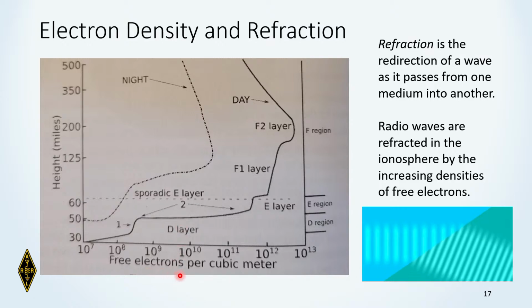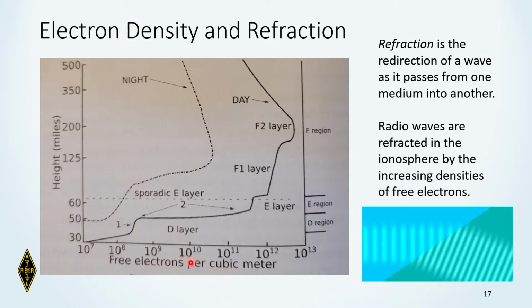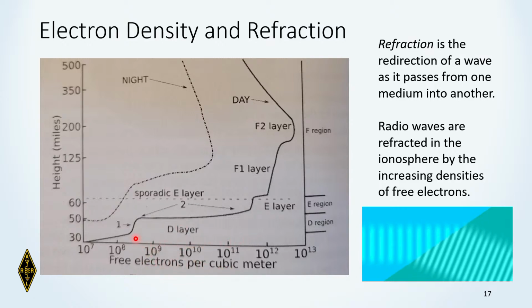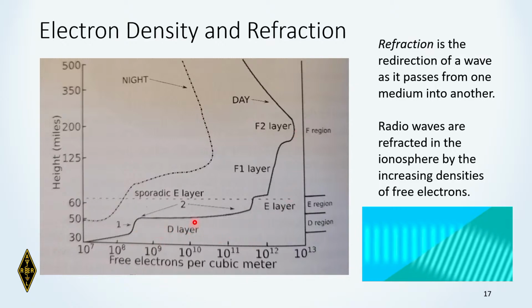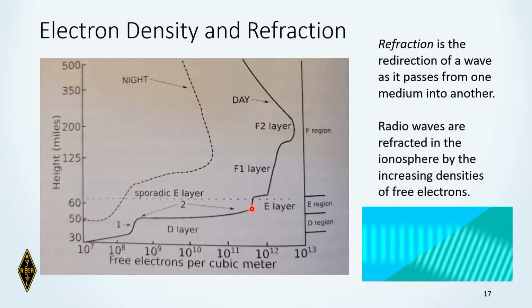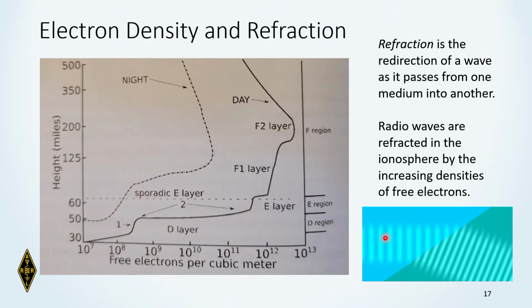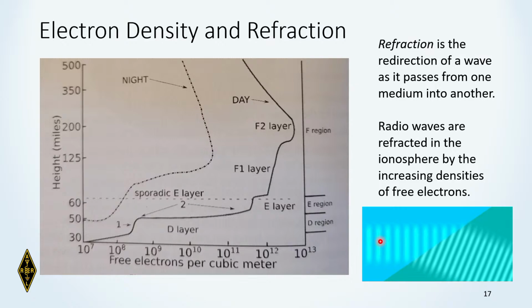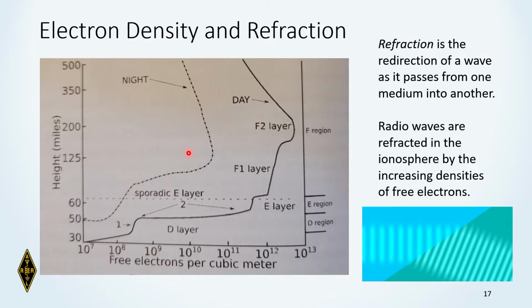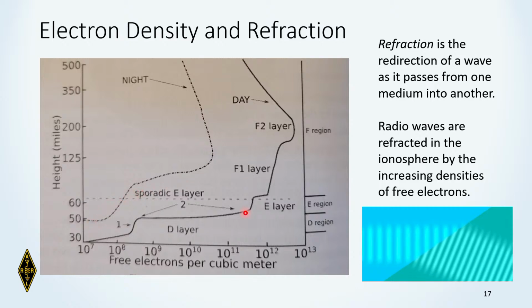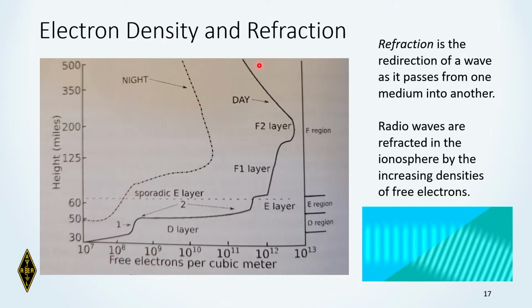This is free electrons per cubic meter. So more and more between the D, the E, and the F. And these sudden changes in density, and gradual changes for that matter, are what create the refraction. There's a night density curve and a daytime density curve here.